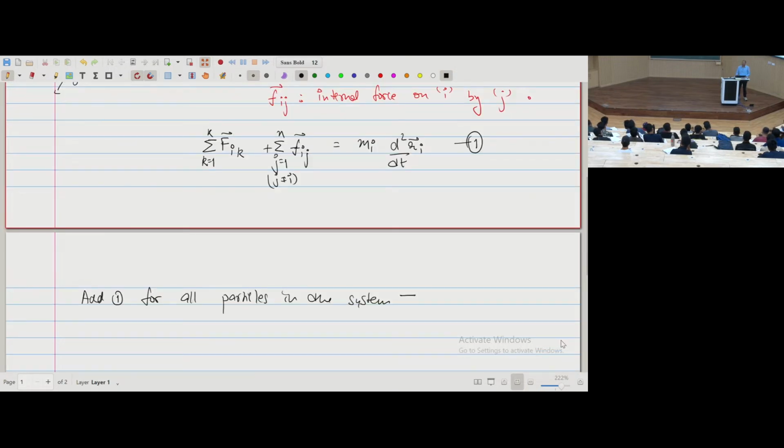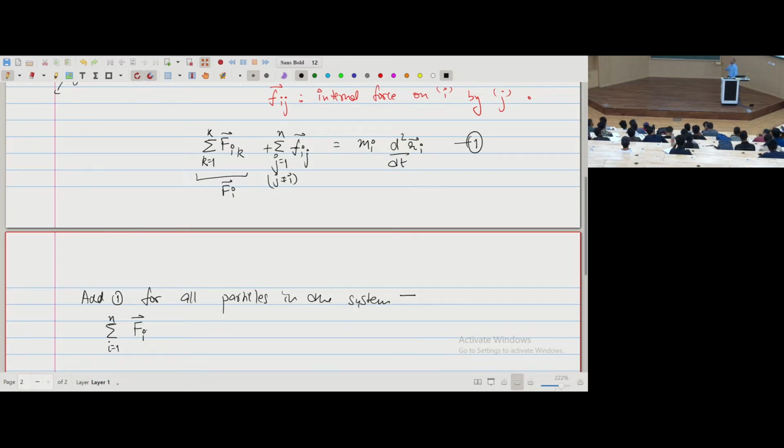When we add all the forces, for the first summation we will say that this sum is equal to simply F_i. So F_i denotes the sum of external forces on the ith particle. That's a notation I am introducing here.